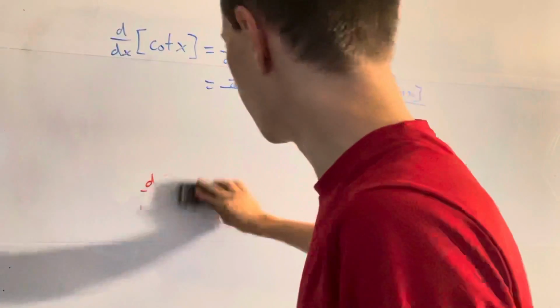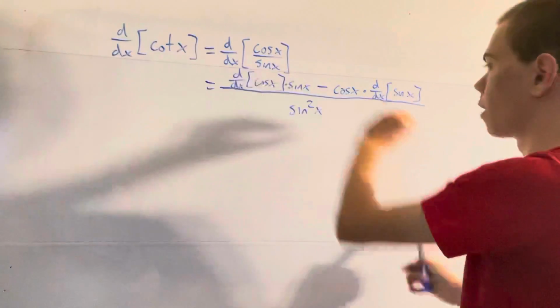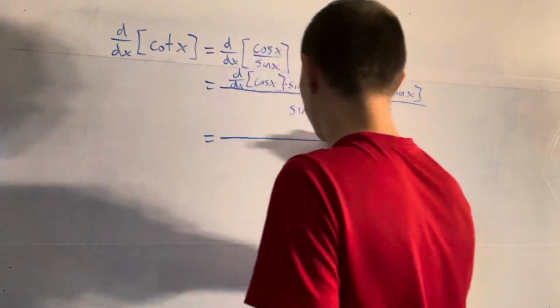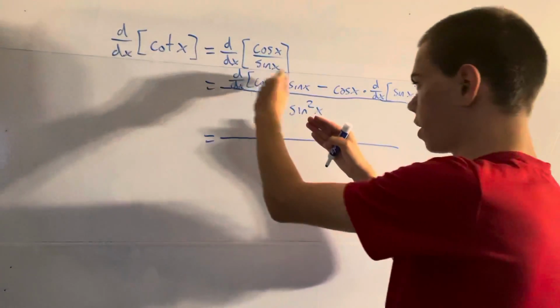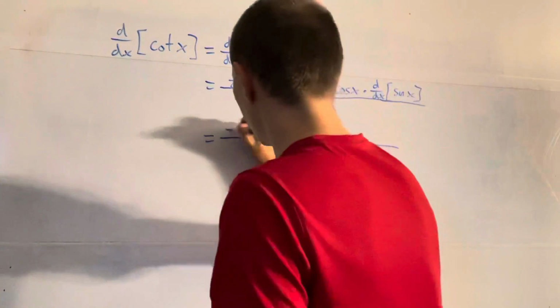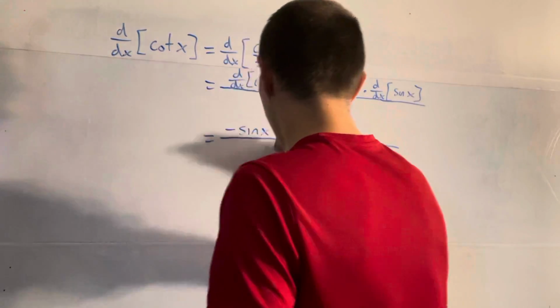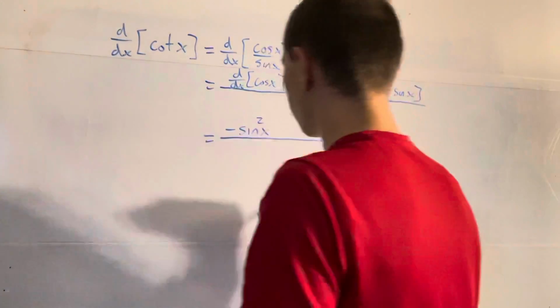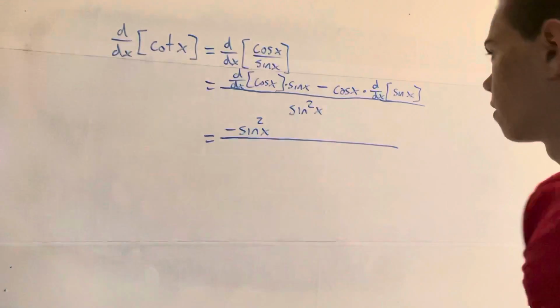And so that's pretty much what we get when we use the quotient rule. So now all we have to do is simplify what we have right here. Starting with this, the derivative of the cosine of x is just the negative sine of x. So we get the negative sine of x multiplied by the sine of x, which is just going to result in the negative sine squared of x, right?